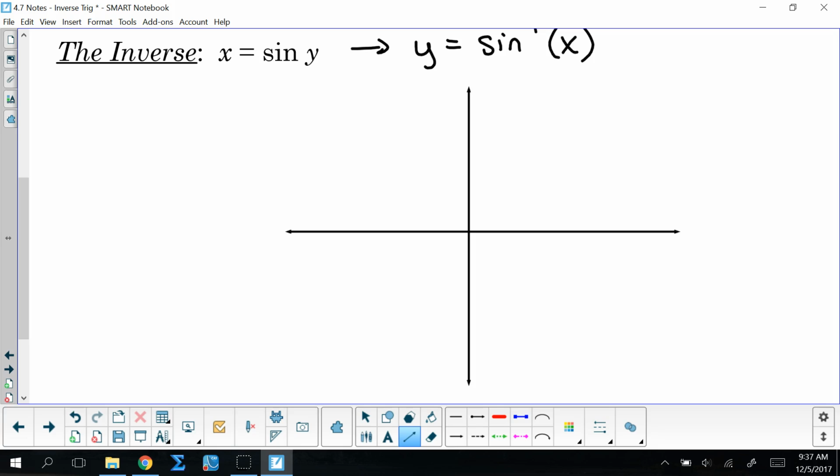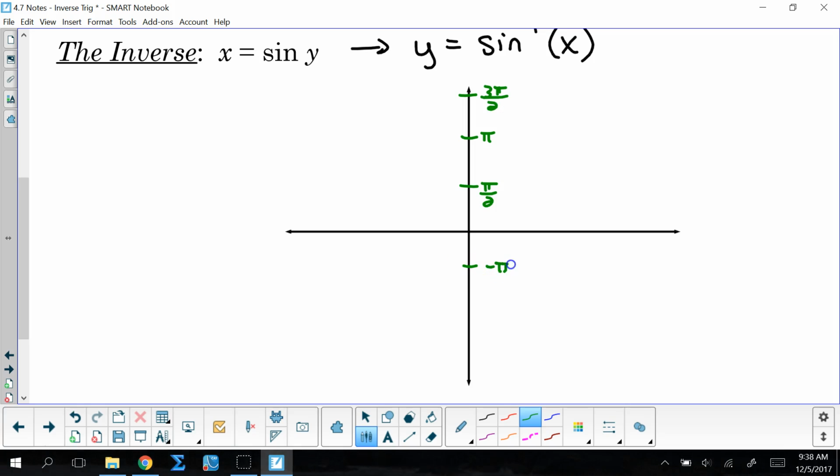So that's now going to be my y-axis, because I switched my x and my y.